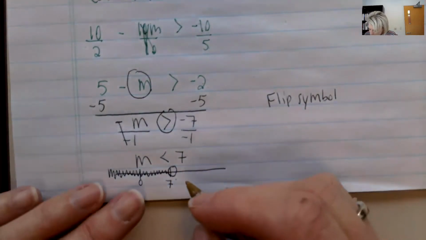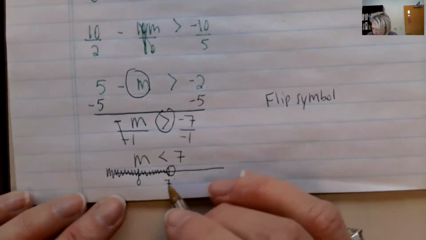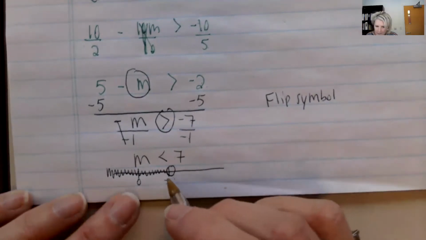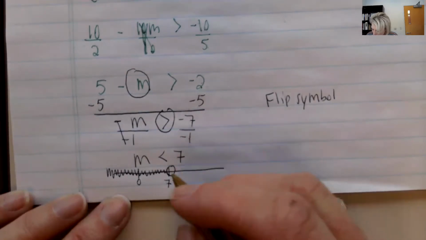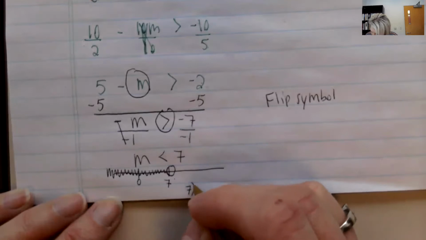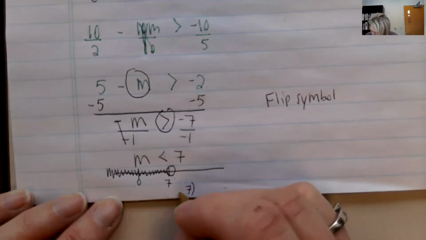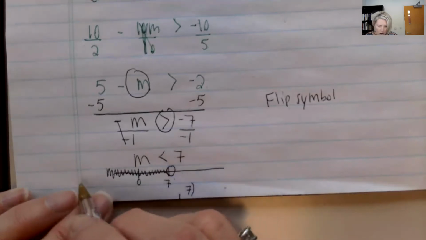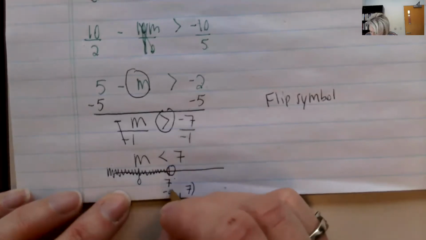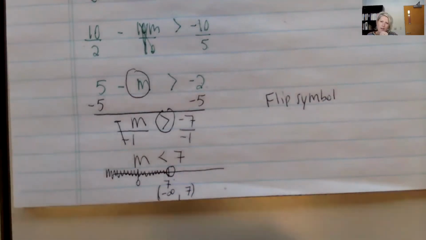Okay, and so that helps me with my interval notation because my maximum number, my 7, is my maximum on the right. So I'm going to put a 7, and it's an open circle, so it gets just an open parenthesis. And then on the left, I can go all the way to a negative infinity, and it gets an open parenthesis.